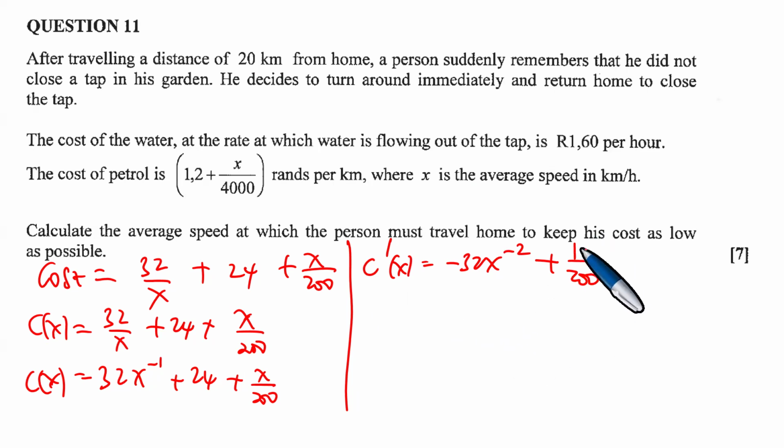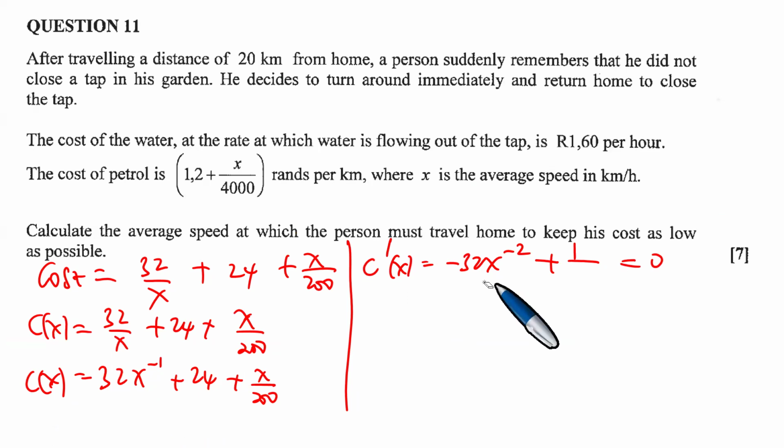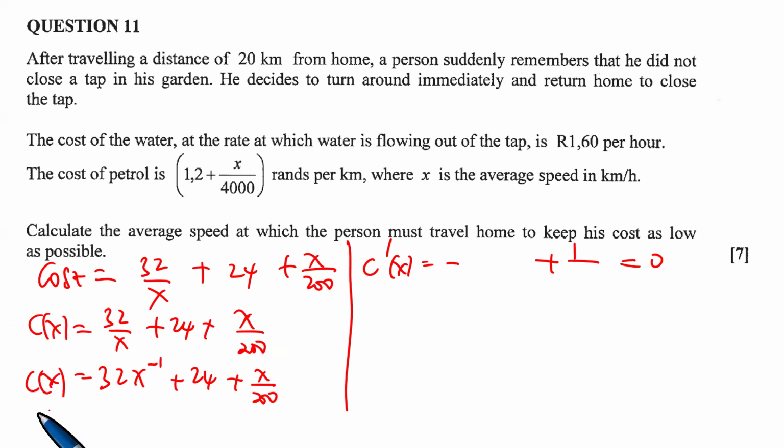We want to make the cost as low as possible, so we must make the derivative equal to 0. You bring down the power, which is minus 32 x to the minus 2, and the derivative of the x is 1, giving us 200.